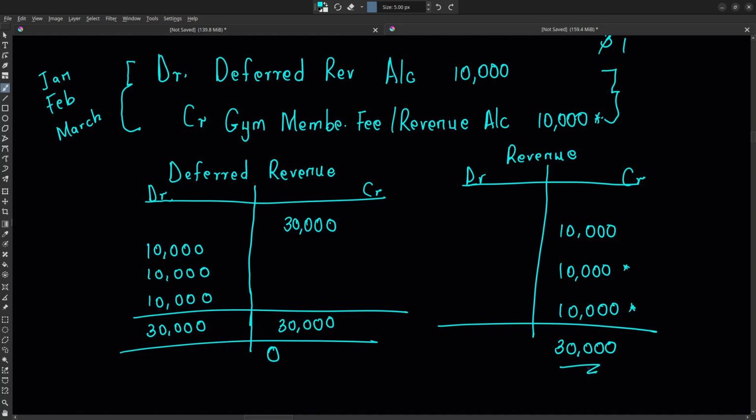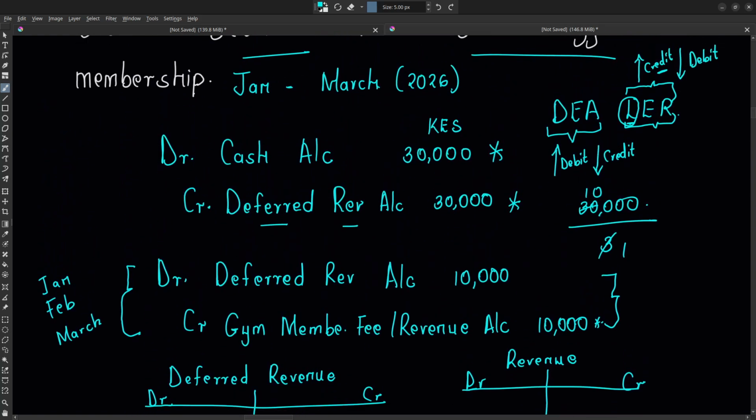So we are going to have here a credit balance of 30,000. And remember, this is a revenue account. A revenue account, you actually credit to increase that account. Same to liability, and here as well, this is actually equity. Okay, don't confuse, this is equity and this is expenses.